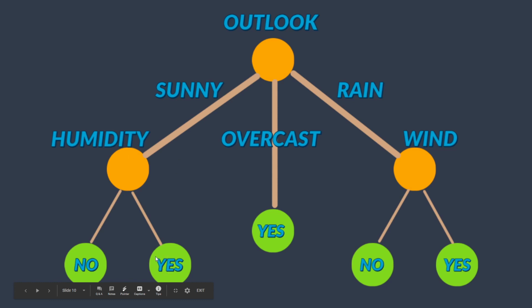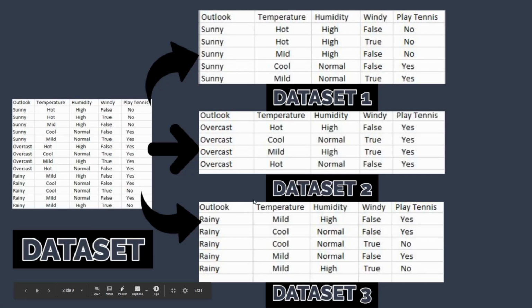Now let us do the same process over the rightmost node as well. Let us focus on the third subset that we get right after the split. When windy is false you are having 3 yes, and when windy is true you are having 2 no's, which means that when windy is false all of your points belong to the positive class, and when windy is true all of your points belong to the negative class.